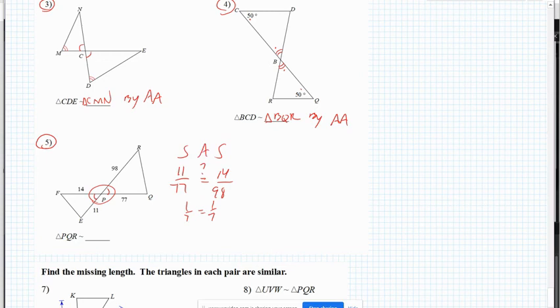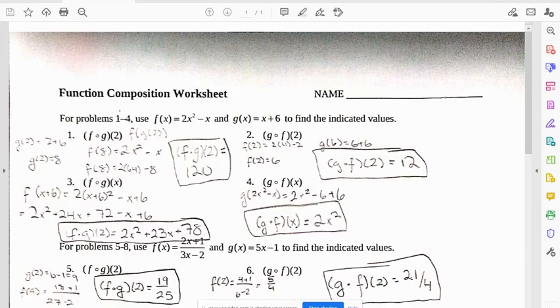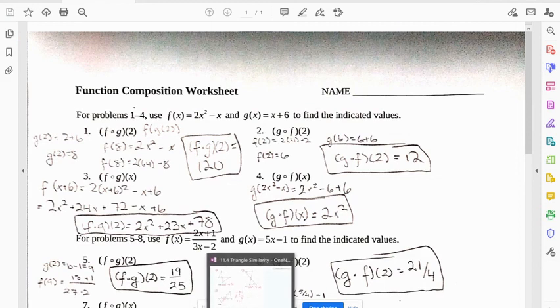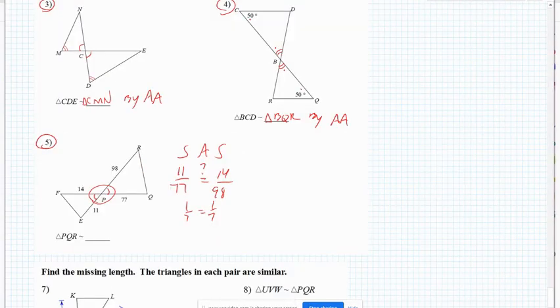So we can say triangle PQR is similar to triangle, let's see, we want to match up small side with small side, so that's going to be PEF by SAS.